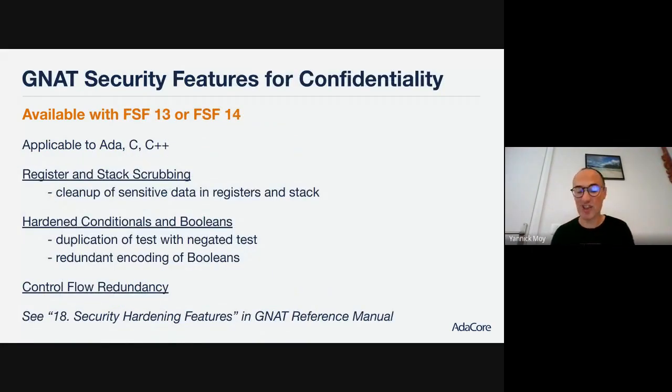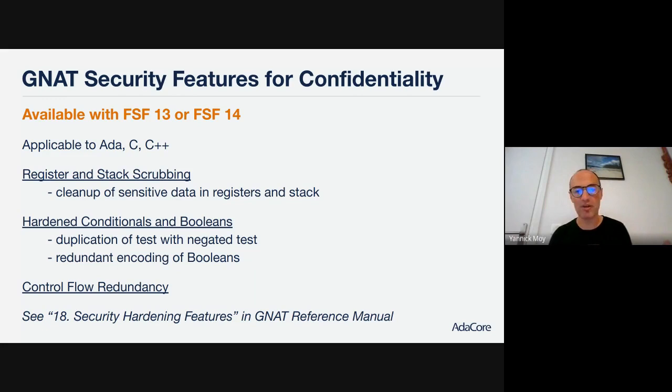We added in GCC nice features for security in terms of confidentiality. So whether the code can be attacked by side channel attack or by laser or power consumption, so these physical attacks, an attacker could take some secrets from your applications. And these measures are meant to block the attackers, and they are applicable to Ada, C, and C++ because they are done quite low in the GCC stack.